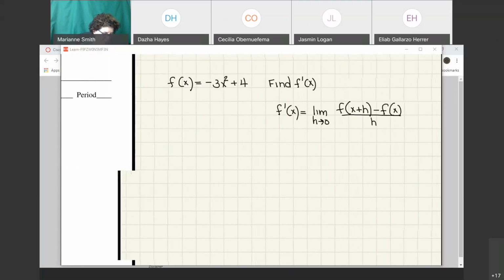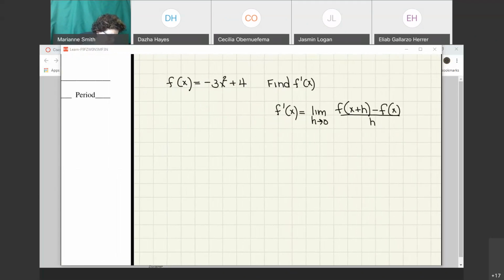Okay? Now, in order to do this, I need to evaluate. I've already got f of x, so I need f of x plus h. So everywhere I see my x, I'm going to put x plus h. Okay? So the first thing I need to do here is square the binomial.